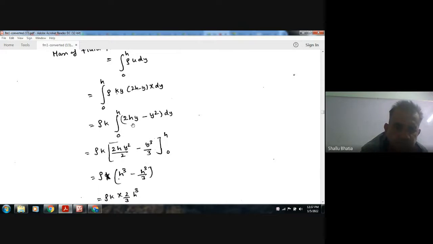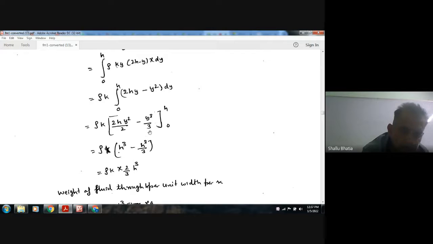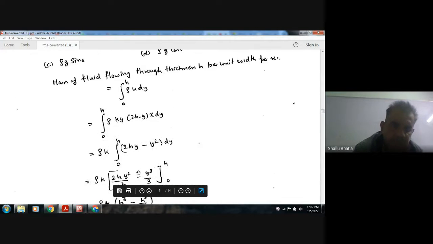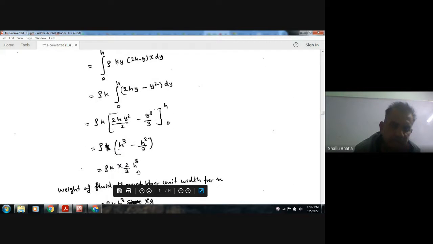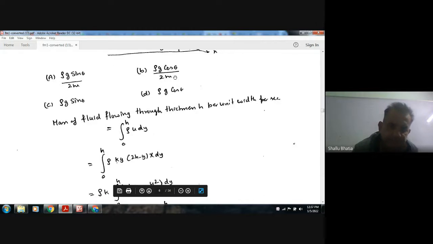Integrating, 2hy square by 2 minus y cube by 3 between the limits 0 and h, it is h cube by 3. So it is (2/3) rho k h cube. This is the mass flowing through this region that we get by integrating.